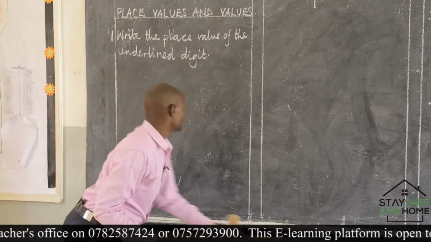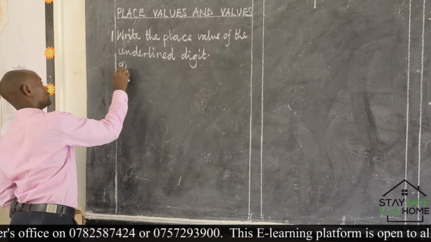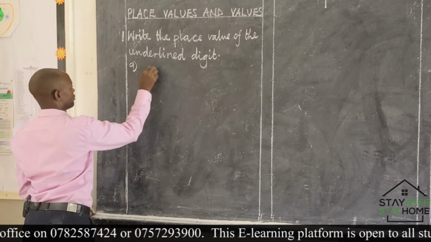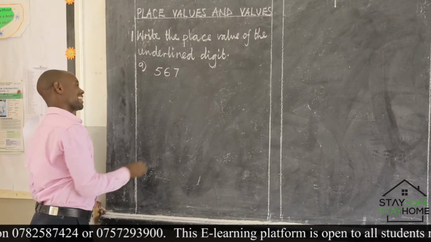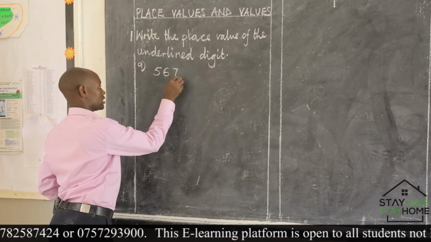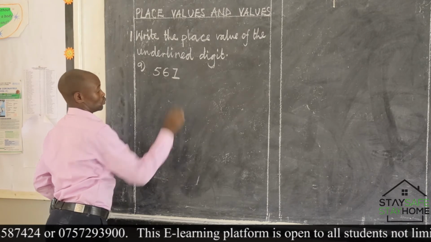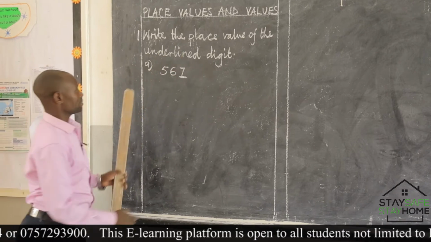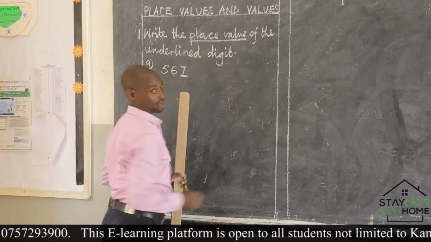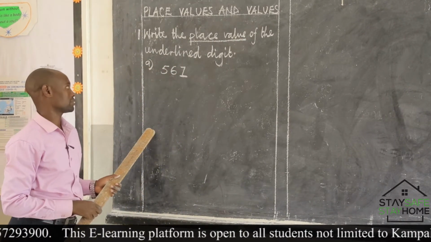We shall have 567, and the underlined digit in this place is this one. The key word is place value, and the place value is the position.